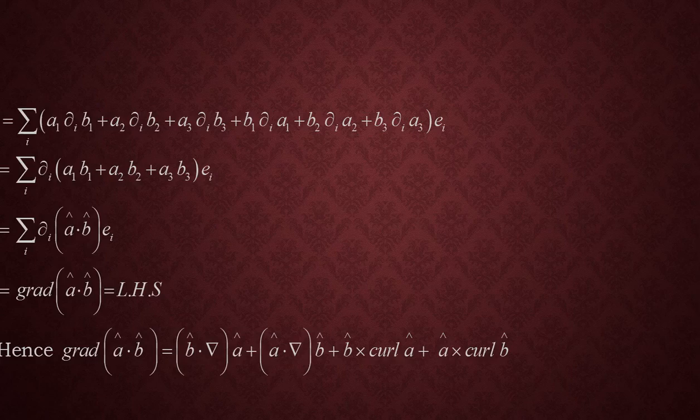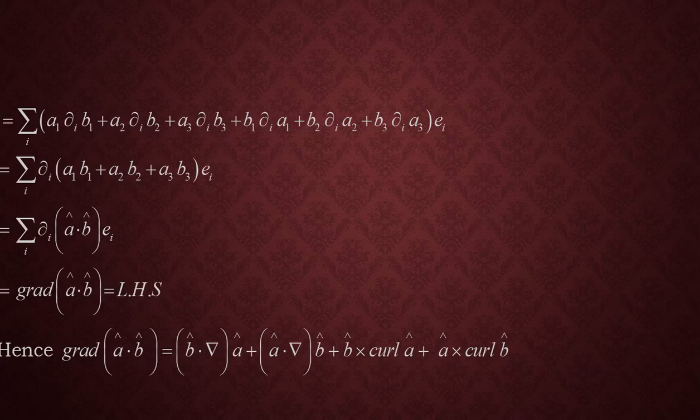If we expand this summation, we get dou 1 phi E1 plus dou 2 phi E2 plus dou 3 phi E3, or it can also be written as dou 1 of A cap dot B cap E1 plus dou 2 of A cap dot B cap E2 plus dou 3 of A cap dot B cap E3. This can also be written as the gradient of A cap dot B cap, that equals grad A cap dot B cap, that equals the LHS.